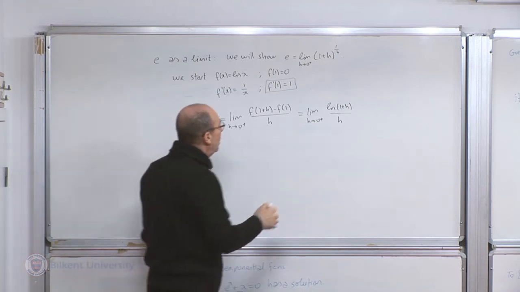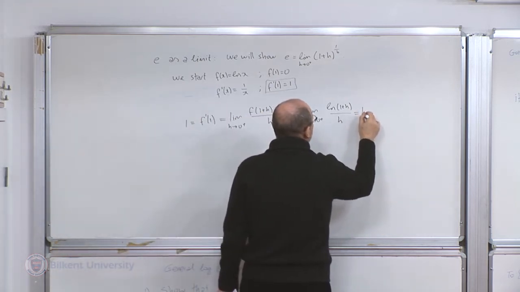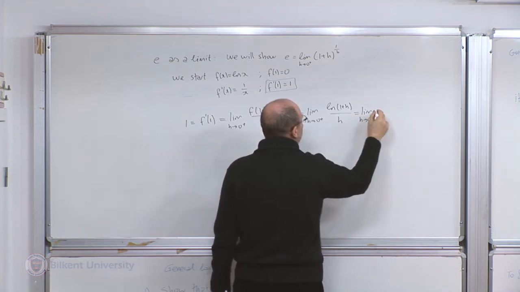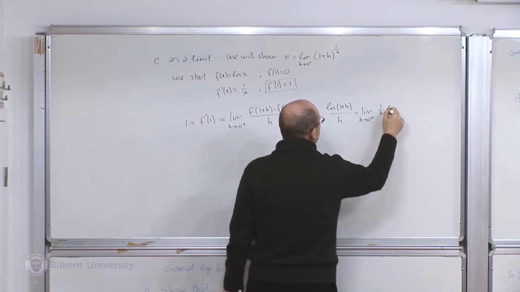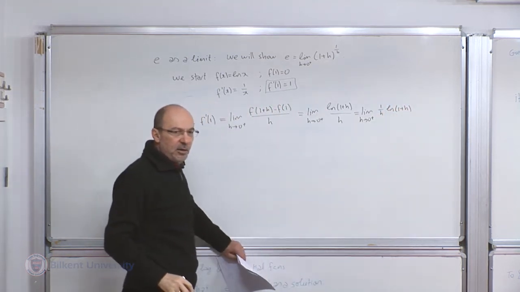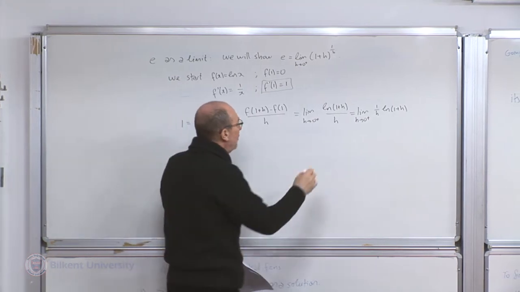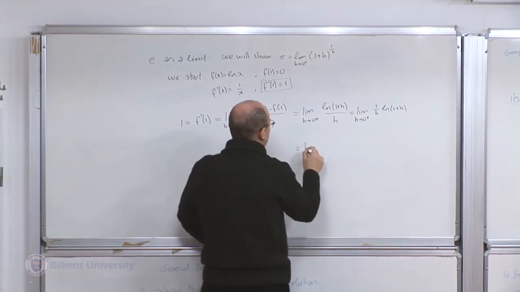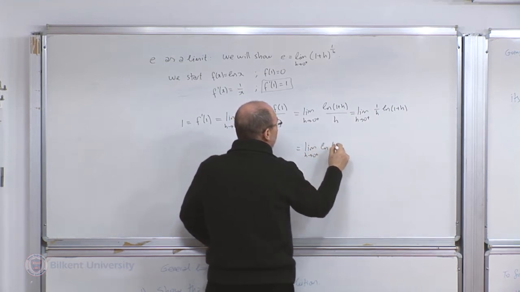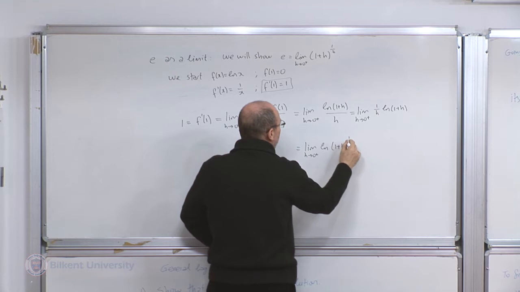Now if you call this a trick, this is the trick. Instead of looking at this, I realize that this is ln of 1 plus h times a constant. So the rules of logarithm tell me that this is the limit as h goes to 0 of ln of (1 plus h) to the power 1 over h.